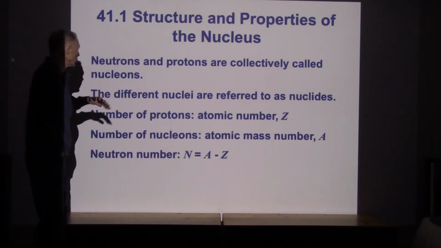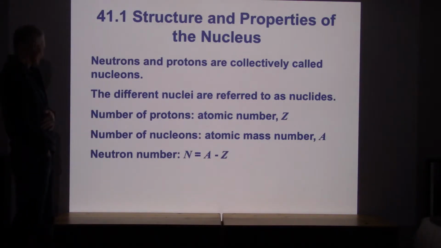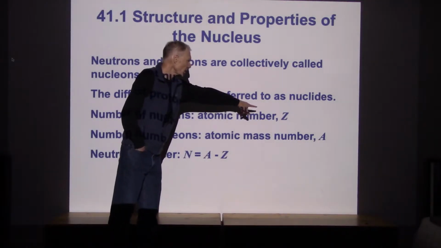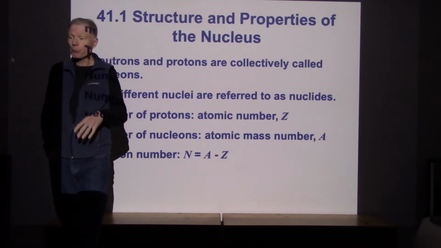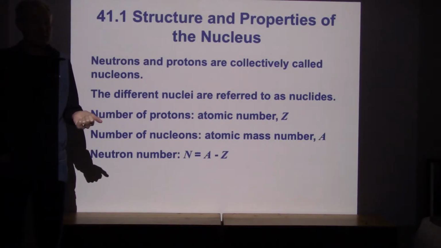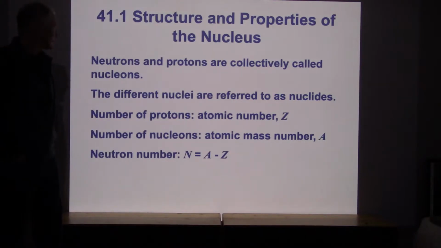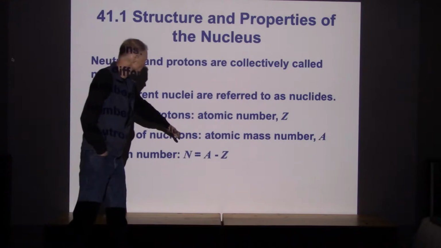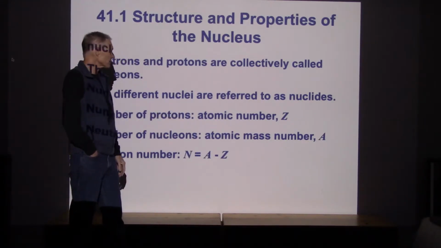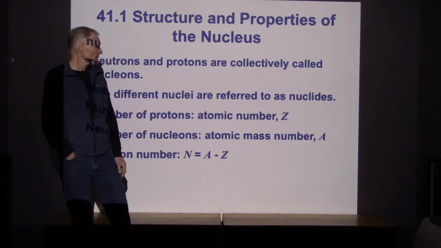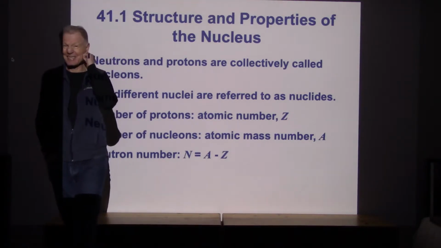The number of protons is referred to as the atomic number, and for the atomic number we use the symbol Z, capital Z. And then the number of nucleons, the number of protons and neutrons combined, is referred to as the mass number, or the atomic mass number, and that gets the A.